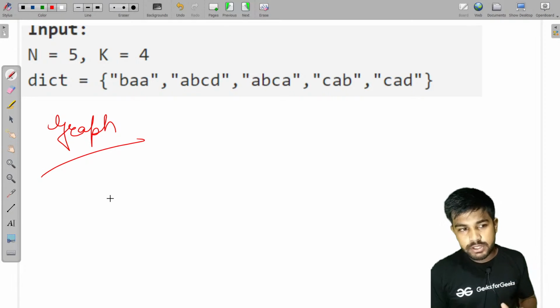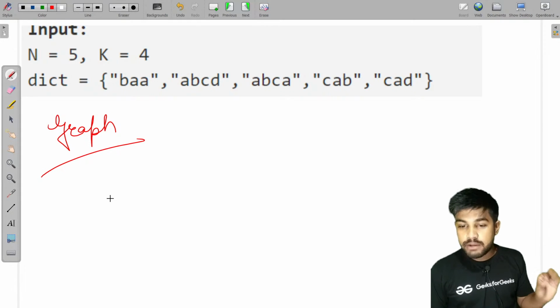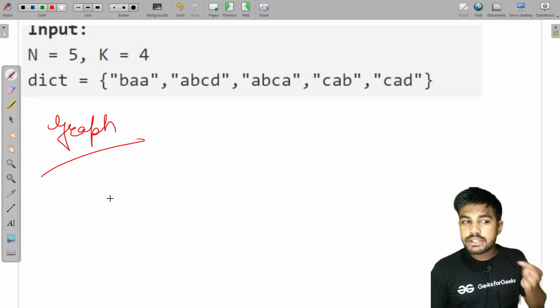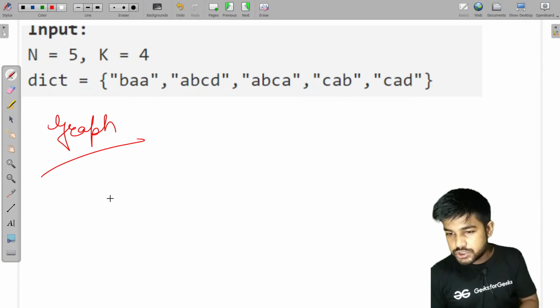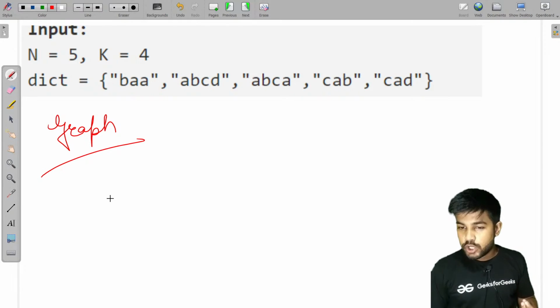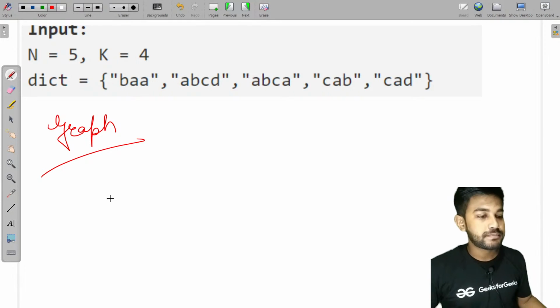But we are not concerned about that. We are trying to solve questions. I am just trying to convey how you can reach the conclusion that topological sort would work. That is the main part.